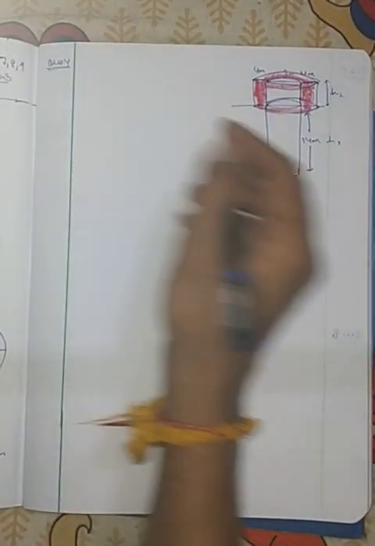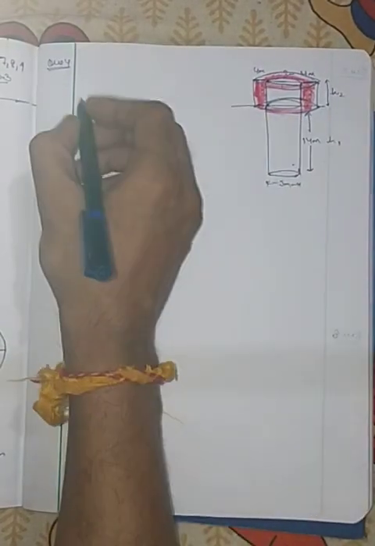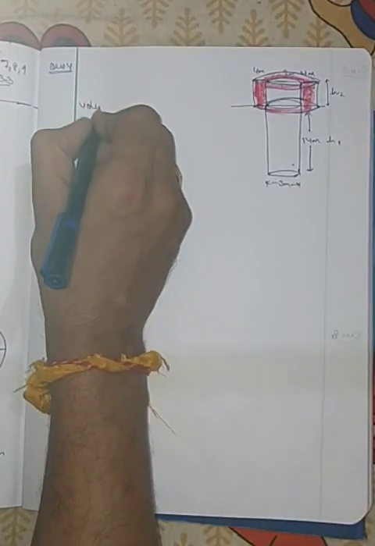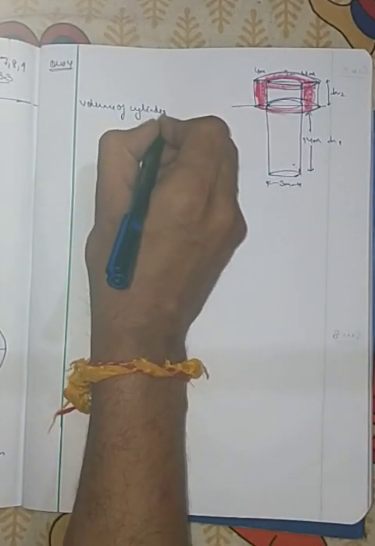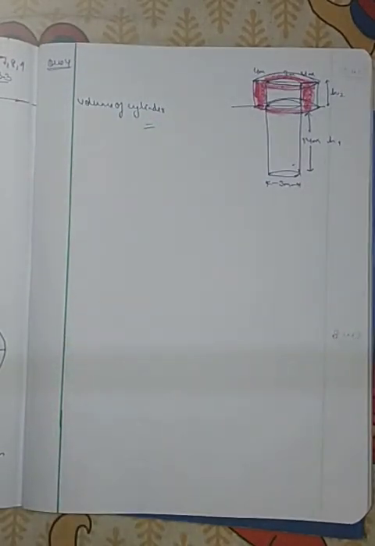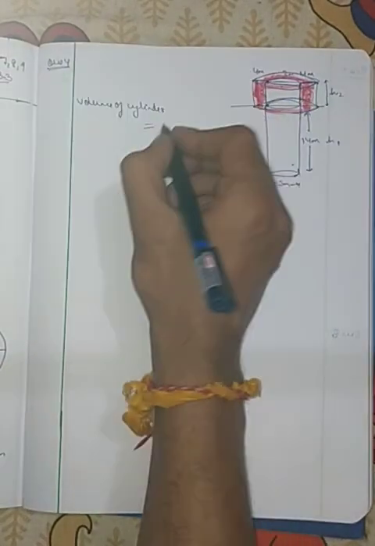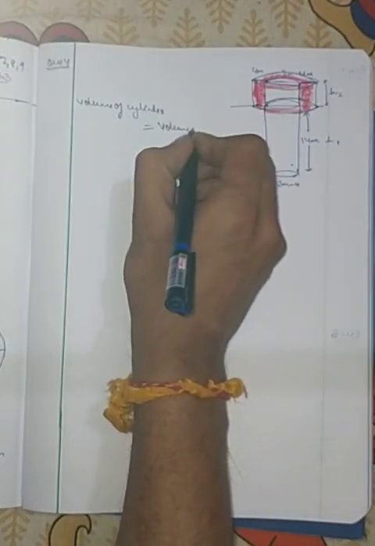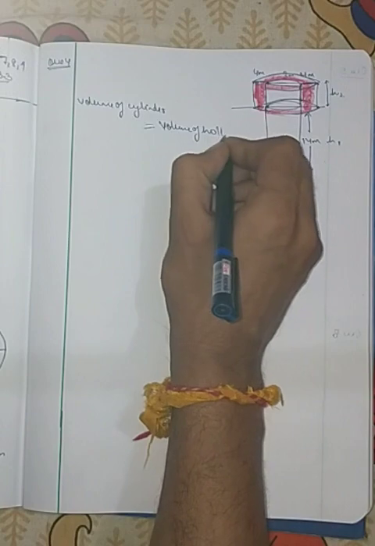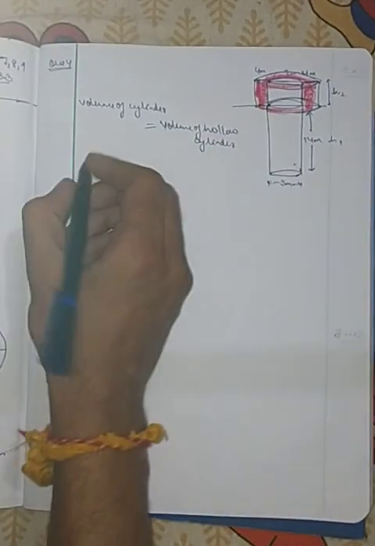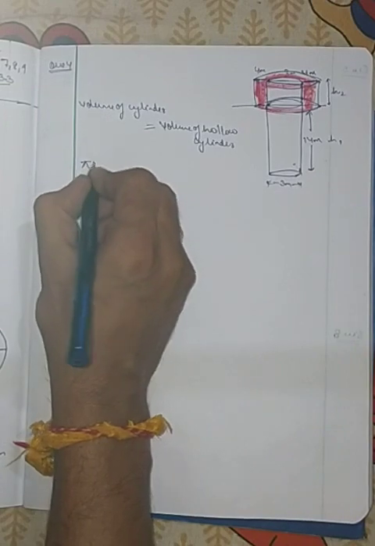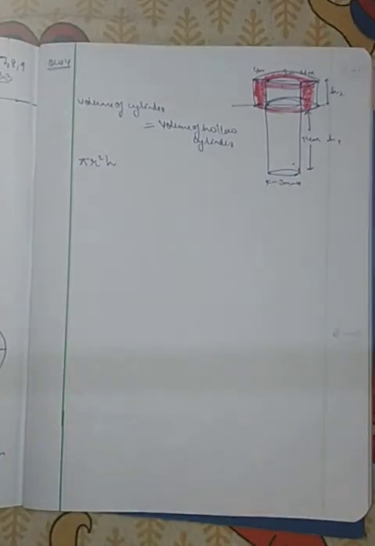Let's do this question. The volume of the well will be the volume of cylinder. This will be equal to the volume of the hollow cylinder. Now the formula for cylinder volume is pi r square h.